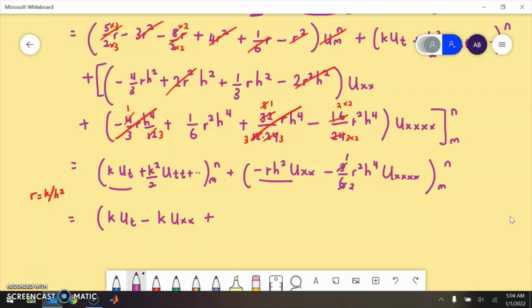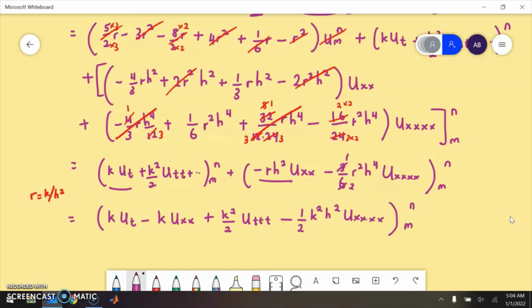So I have plus k squared over 2 utt minus, okay, what is r squared? k squared over h squared. So I have 1 over 2 k squared over h squared, which cancels out h to the 4 and h squared, leaving h squared uxxxx.